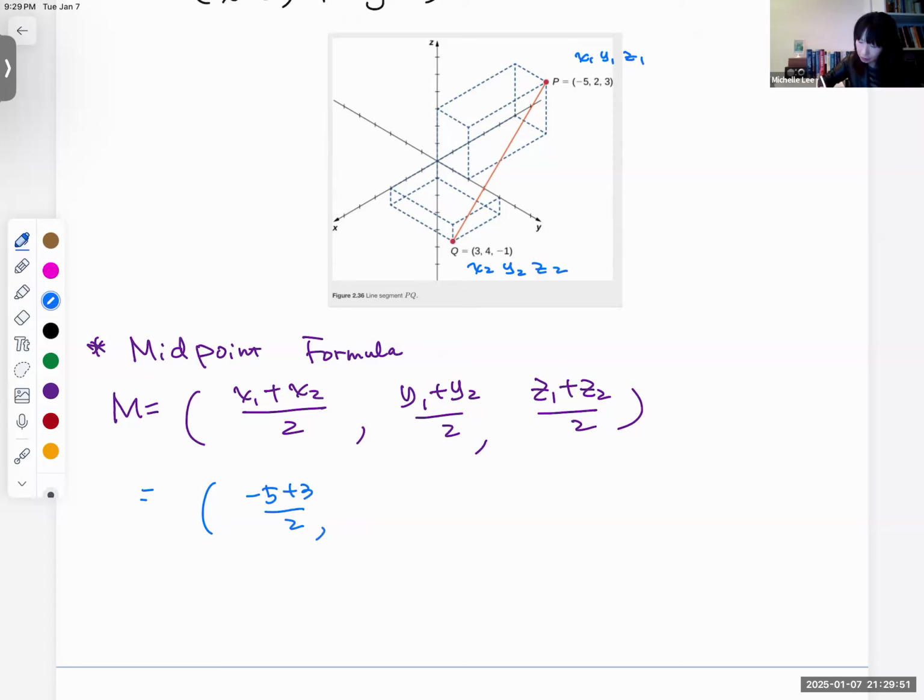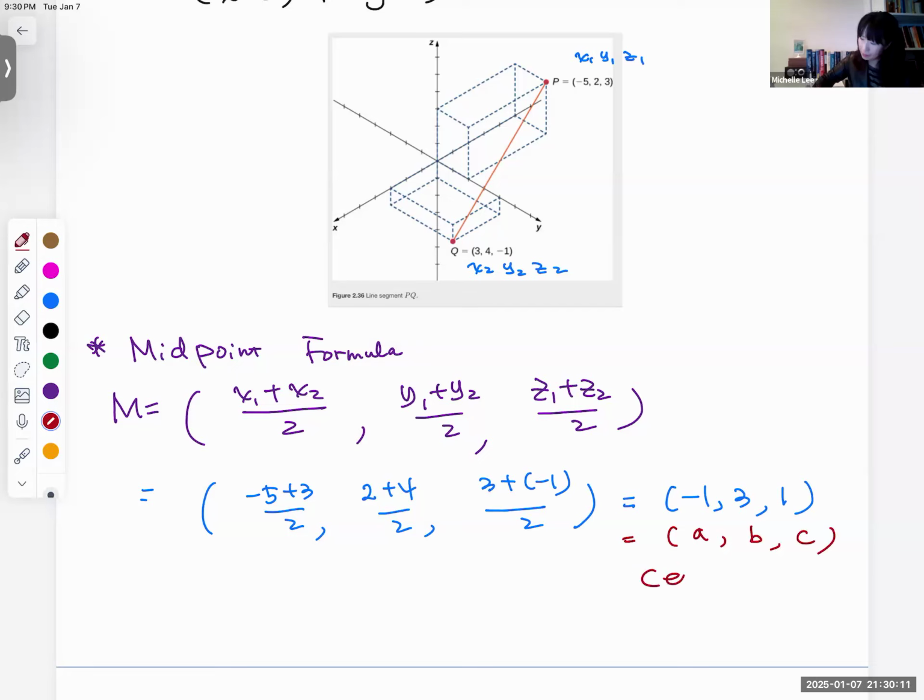Please calculate. 2 plus 4 over 2 and 3 plus -1 over 2, right? So we get -1, 3, 1. So there will be the center, ABC, center of a sphere.